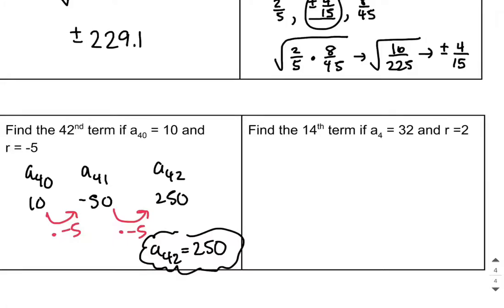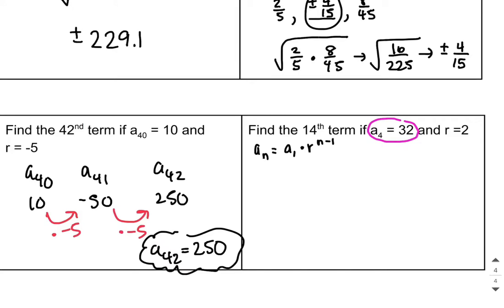All right, for this last one here, I want to find the 14th term if a sub 4 is equal to 32 and r is equal to 2. I want eventually the general rule, so a sub n is equal to a sub 1 times r to the n minus 1 power. I've been given one example, a pair of the term and the position.